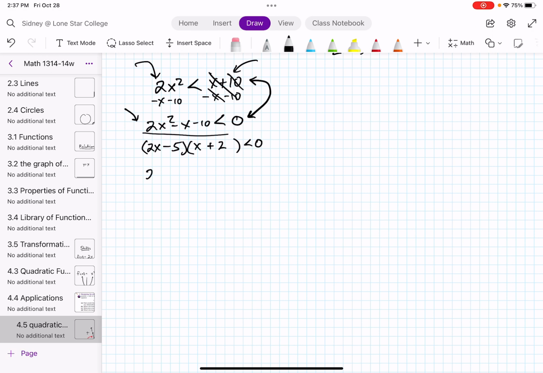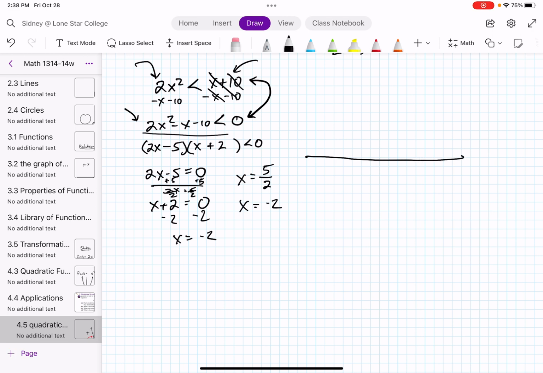So these critical values, if I set each of these equal to 0, are the points where this goes from being above 0 to below 0. I got 2x equals 5, so x equals 5 halves. This one's much easier, and I get x equals negative 2. So my two critical values are negative 2 and 5 halves.